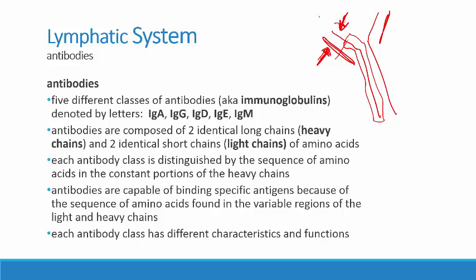So we can bind one antigen on this variable portion, and a second antigen can be bound on the variable portion of the other half. That's how they can agglutinate a whole bunch of different antigen-bearing particles, because each of the 2 sides of this Y-shaped antibody is capable of binding to one antigen.